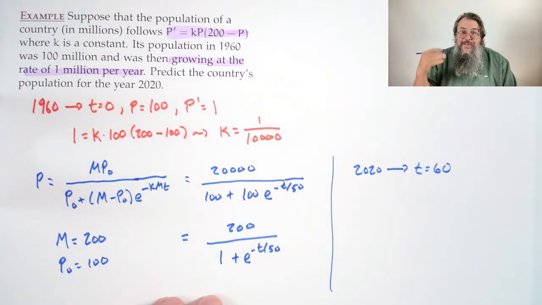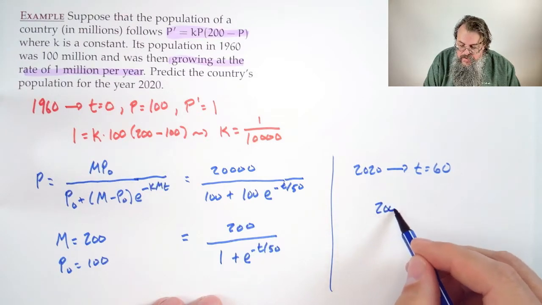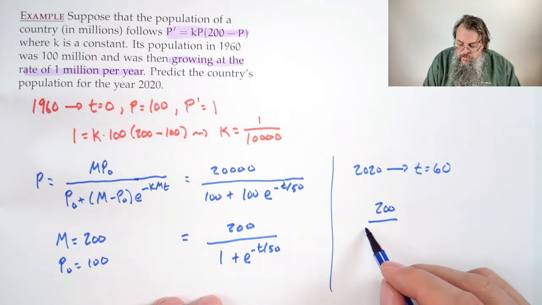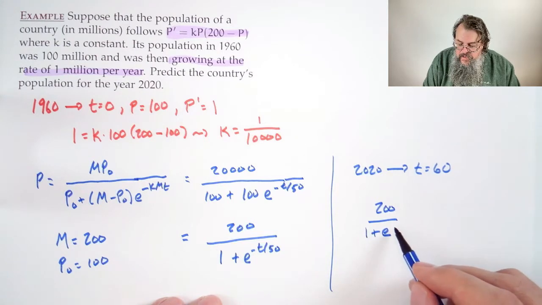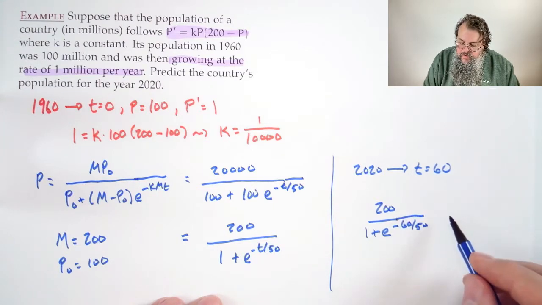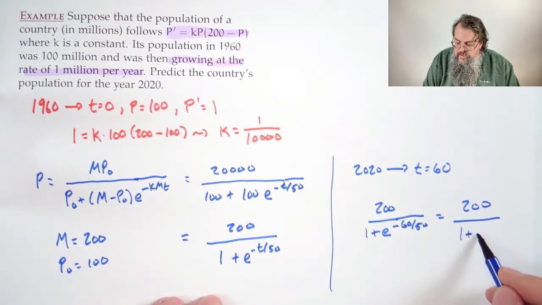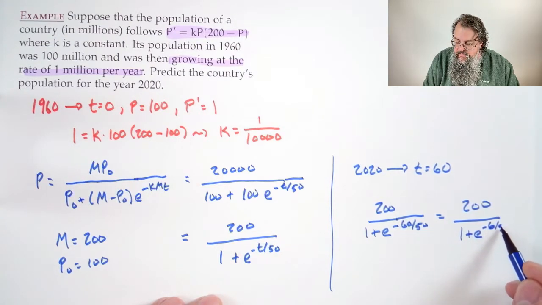And now we see our answer would be 200 over 1 plus e to the minus 60 over 50. Okay, so that's 200 over 1 plus e to the minus 6/5.